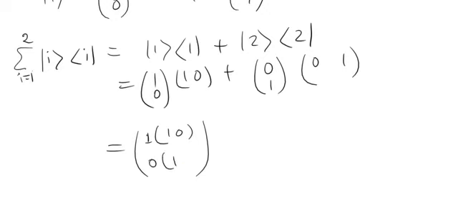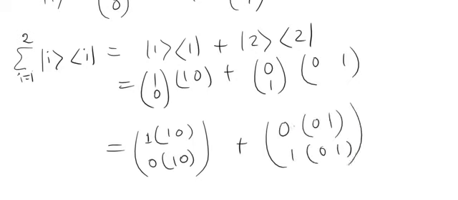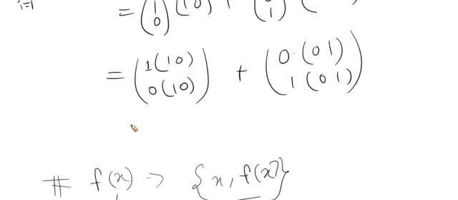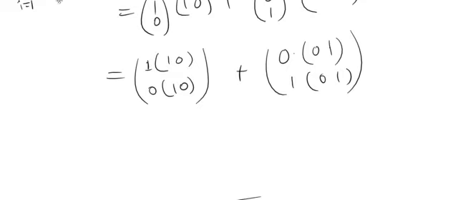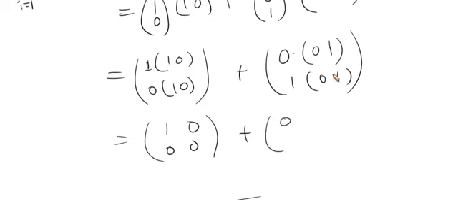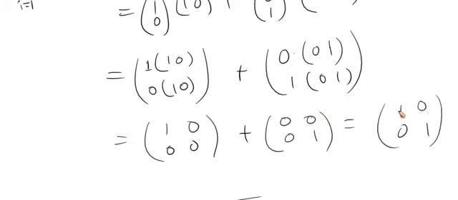So then what we do, we just multiply. So this is [[1, 0], [0, 0]] and this is [[0, 0], [0, 1]], and if you add them, what do you get? You get the 2 cross 2 identity matrix.